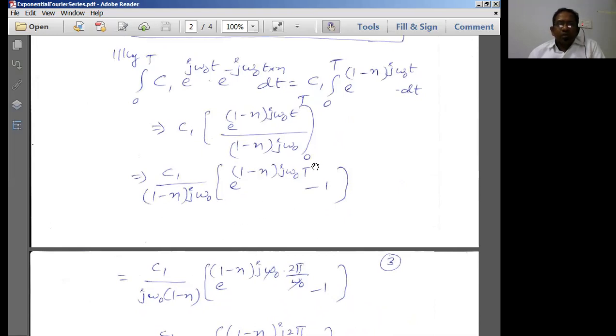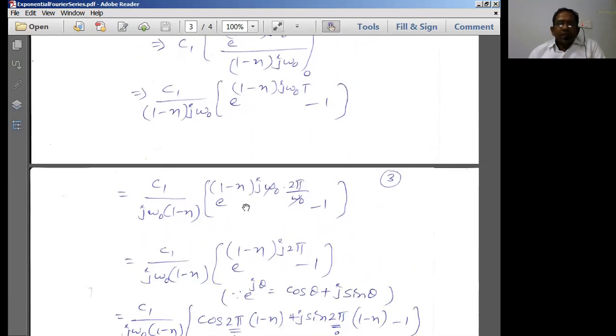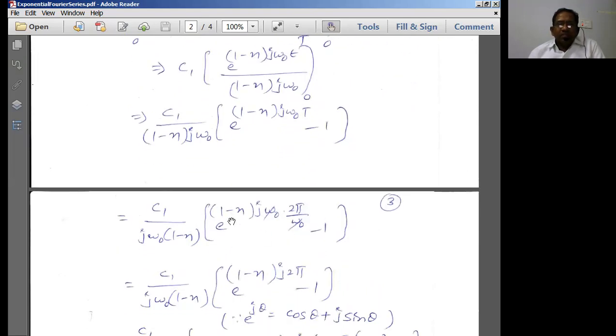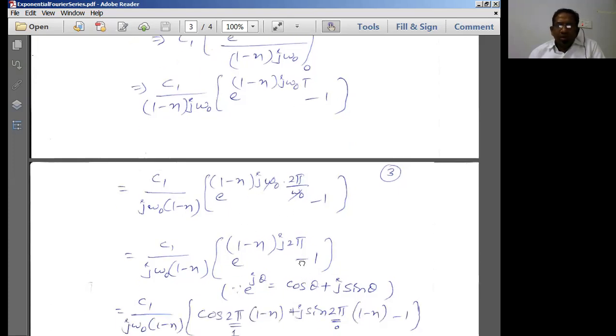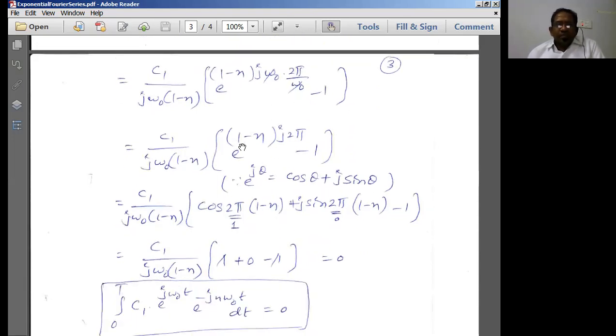If you substitute the lower limit, we get e power t is 0, so e power 0 is nothing but 1. I can write this as 1. Next, when I substitute the upper limit, we can write this as e power 1 minus n j omega naught T. What is T? 2 pi by omega naught. So omega naught, same as the previous condition, these two will get cancelled. I'm left with e to the power 1 minus n j 2 pi, minus 1.